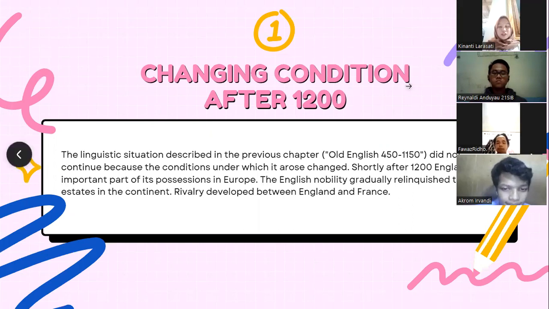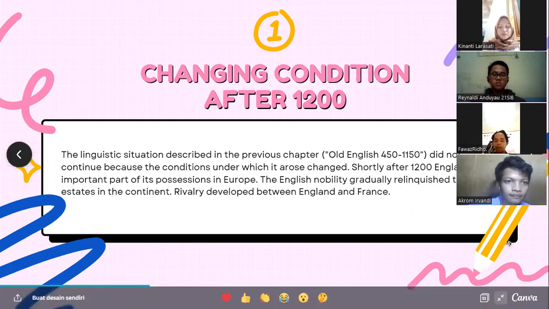The linguistic situation did not continue because, after 1200, England lost a significant part of its possessions in Europe. The growing rivalry between England and France culminated in the Hundred Years' War, which affected the social, economic, and linguistic life of England.